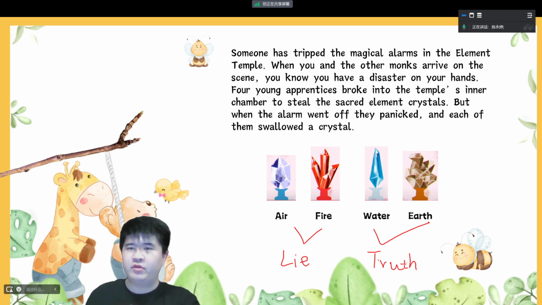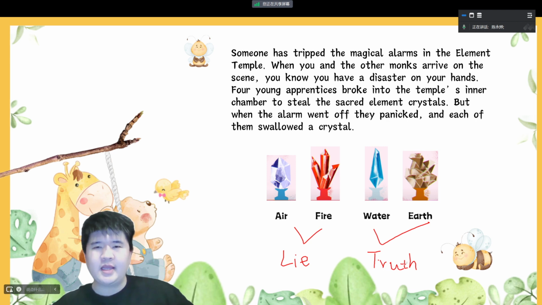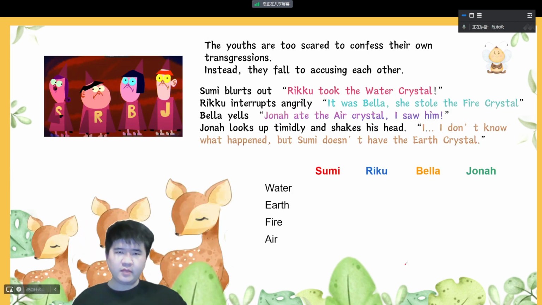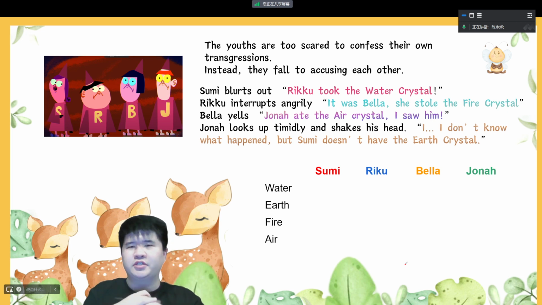How can we cure them? We need to find out who has which crystal, so that we can put them into different machines and pick the crystals out. But these youths are too scared to confess their own transgressions.